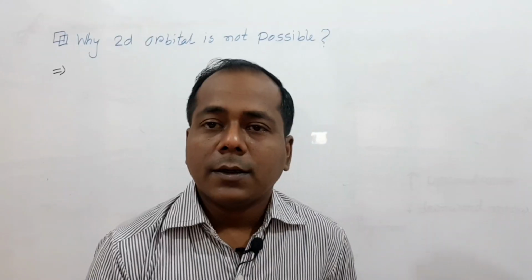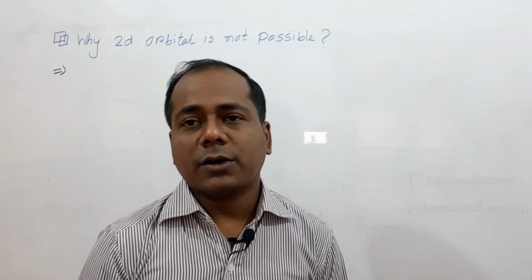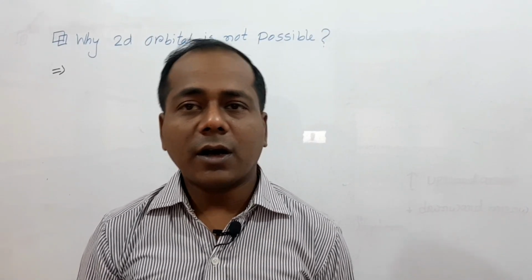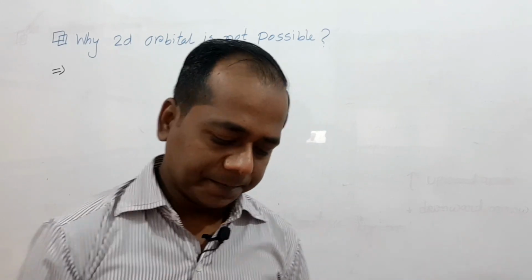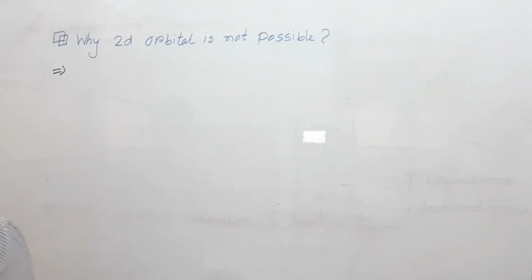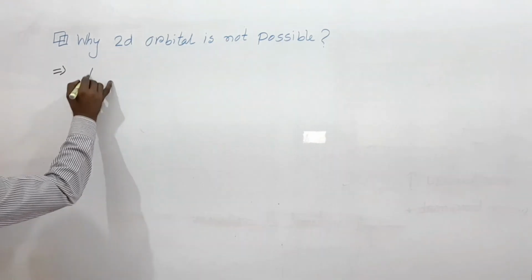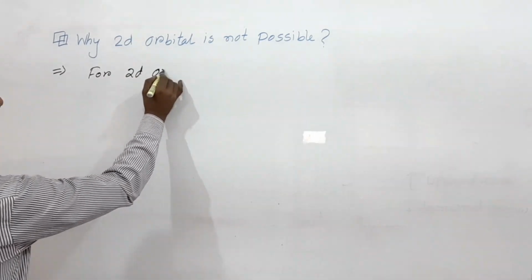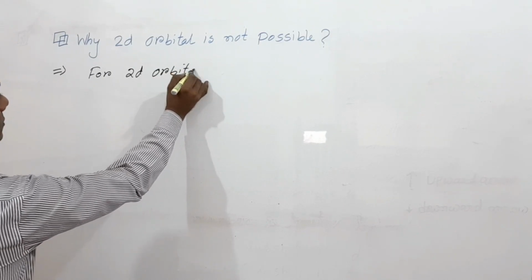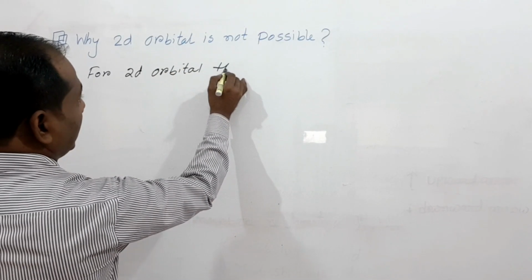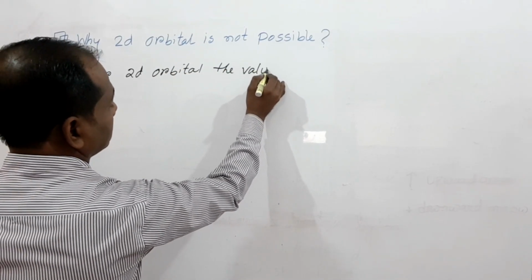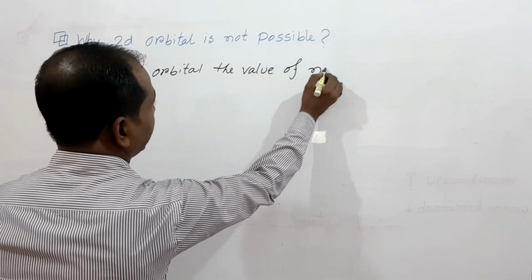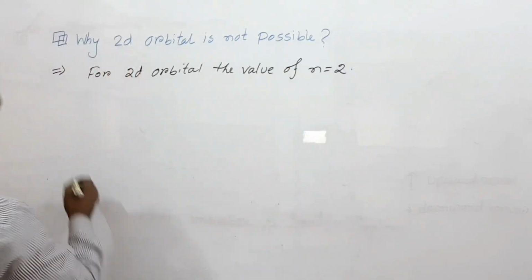Dear students, now our question is why 2D orbital is not possible. Okay, for 2D orbital, the value of n equal to 2.